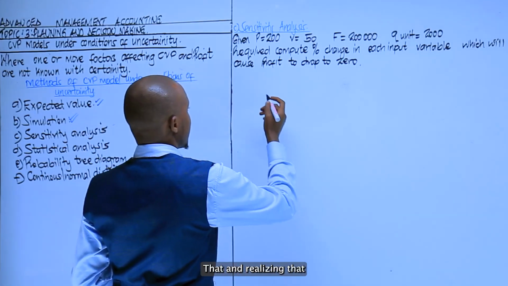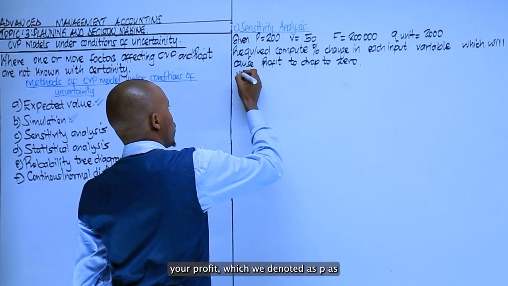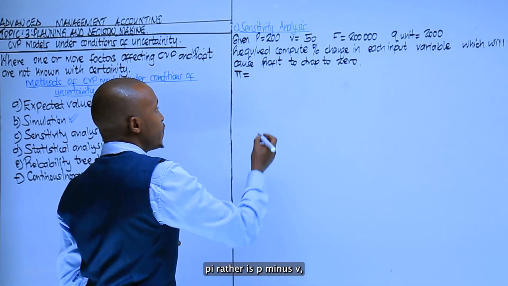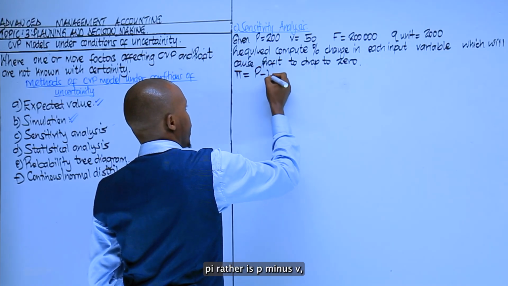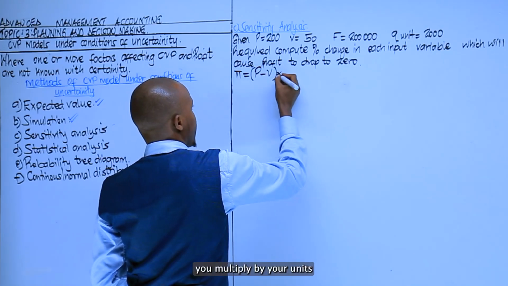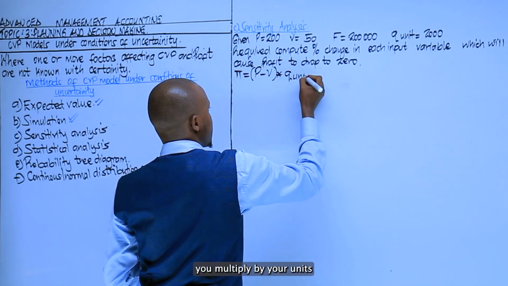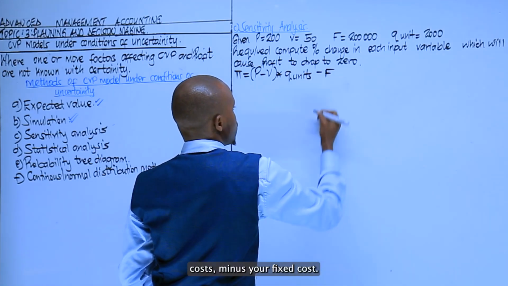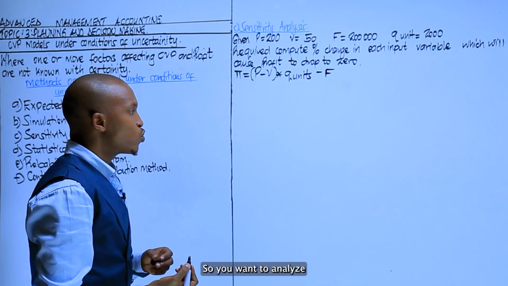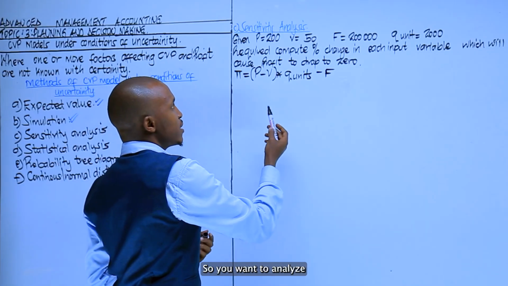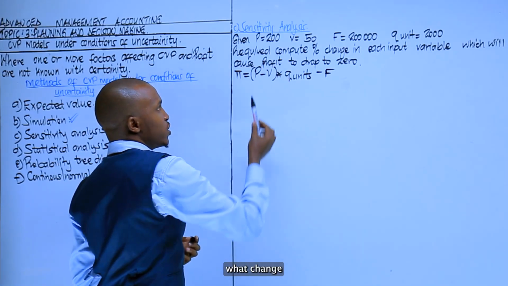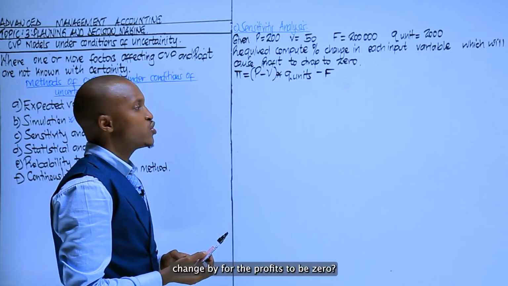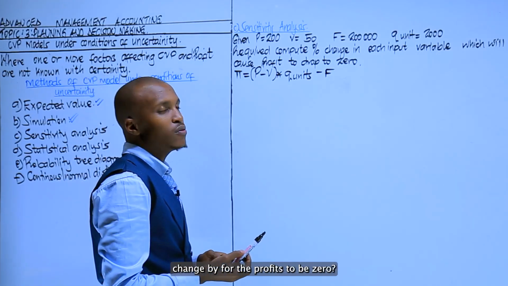We can start by realizing that your profit, which we denote as pi, is P minus V, multiplied by your units, minus your fixed costs. So you want to analyze what change the selling price will undergo for the profit to be zero.